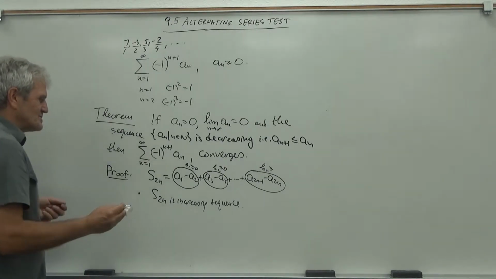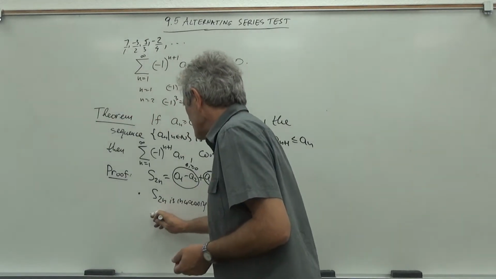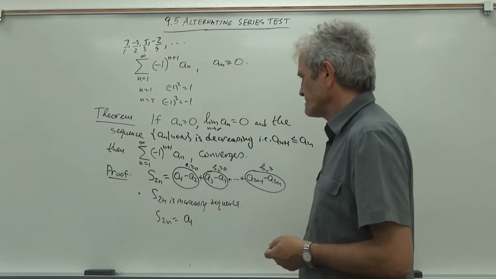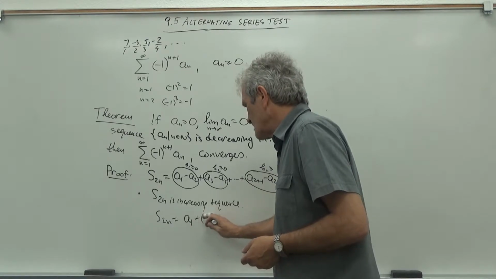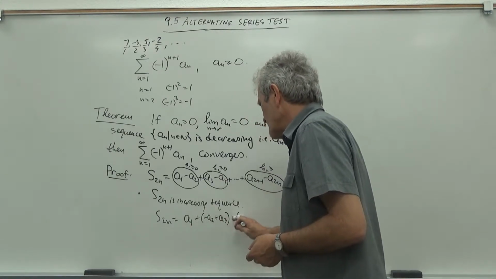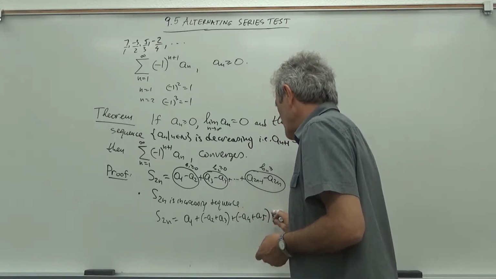Now I will rearrange it a little differently to give me some other information. I'll keep S_2n, keep a_1 first, and then group the other terms like this, and so on.